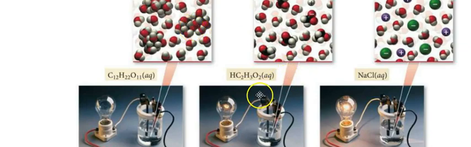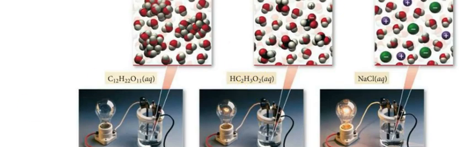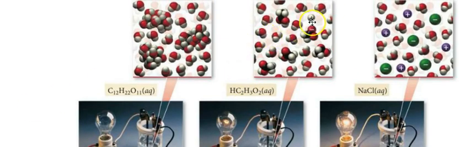A weak electrolyte would be vinegar. This is acetic acid. If you know anything about acids, you're going to pull off an H plus. Do you see that? Here's an H plus, right where my little mouse is wiggling around. And here is the rest of the molecule, the acetate, which is a negative. Every acetic acid loses hydrogen.